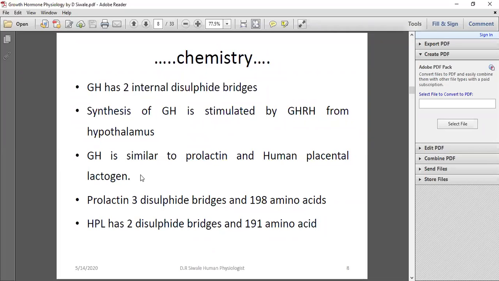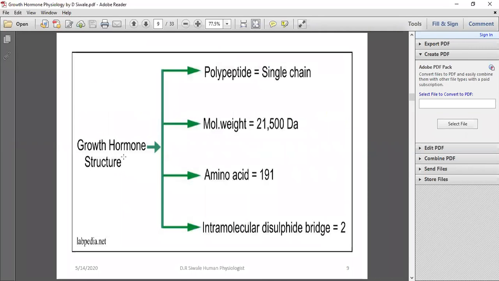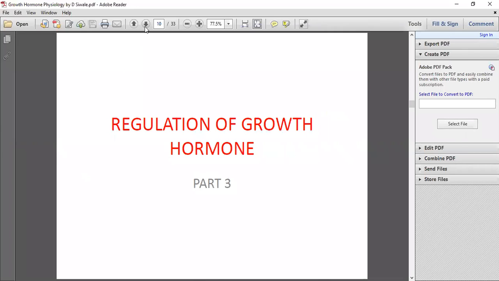And growth hormone, we said, is about 190. So there are similarities, even in terms of action. So this is just a few points about chemistry. Some of these are more of biochemistry. They have been summarized in this diagram: growth hormone structure. Okay. Now, regulation of growth hormone.